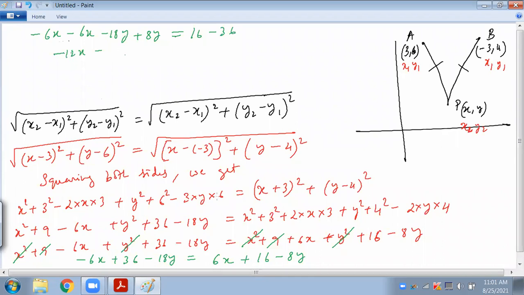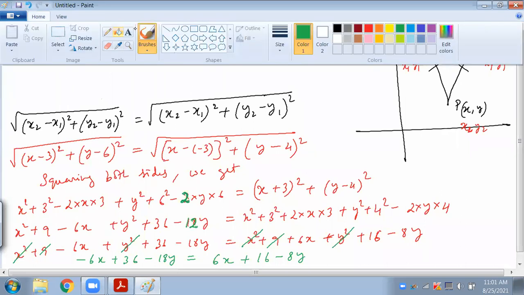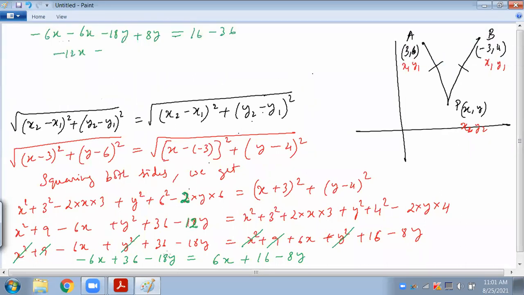Sorry, 6 into 3 is 18, 2ab. Sorry, I've written it wrong. It is 2 into 6, so it will be 12. Correct this, so this will also be 12y.